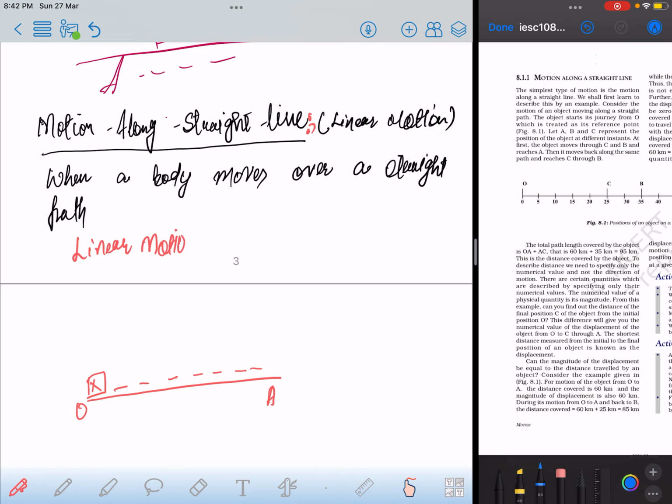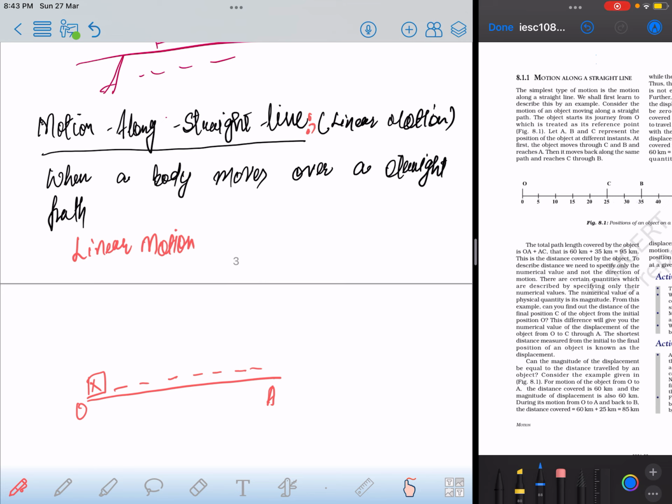You will go into detail on the types of motion, like angular motion, in the upcoming class, that is class 11th. You can go through the NCERT textbook of class 11th, and you will go through all the types of motion there.